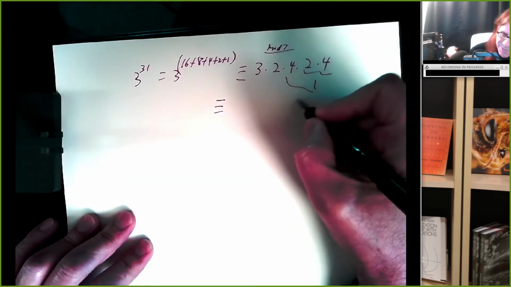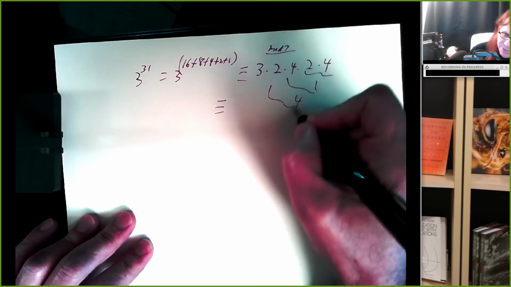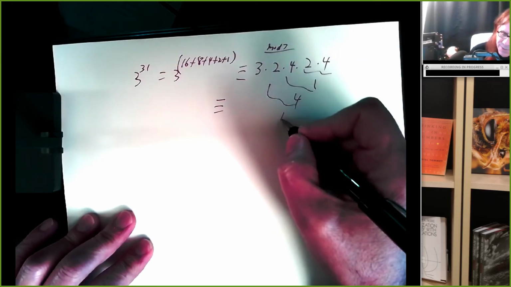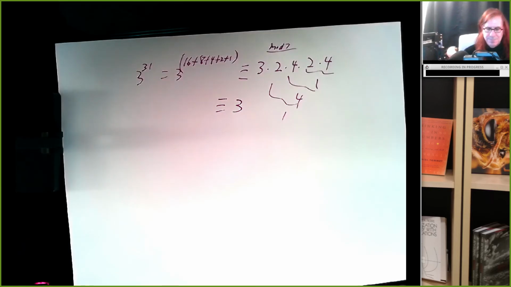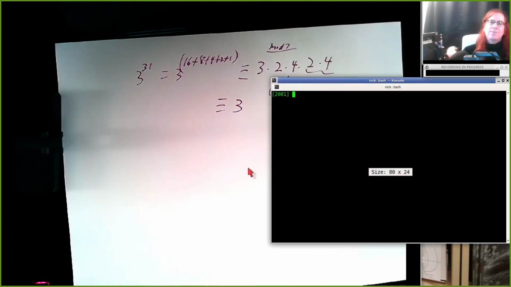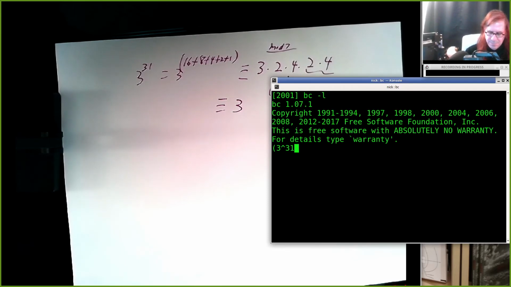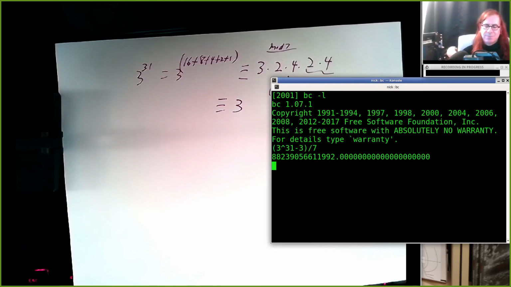And 1 times 4 is 4, and 4 times 2 is 8, which is congruent to 1, and 1 times 3 is congruent to 3. And so 3 to the 31st should be 3 more than a multiple of 7. Alright, and there you go. It's evenly divisible by 7.